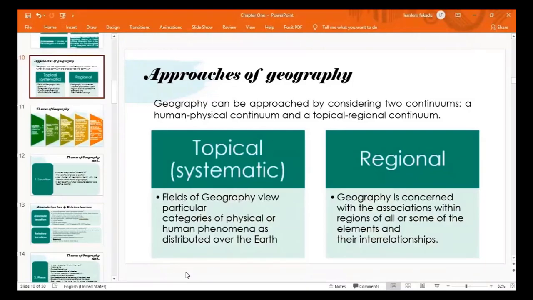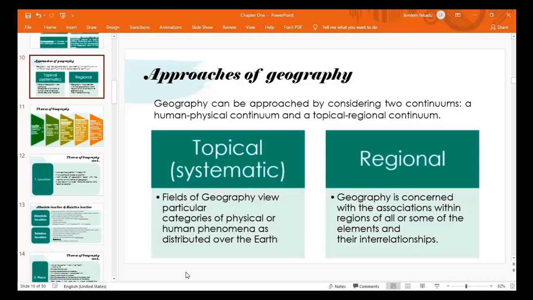Geography can be approached by considering two continuums, a human-physical continuum and a topical-regional continuum. The most frequently used approach of geography is the topical-regional approach. The topical approach is known as the systematic approach.